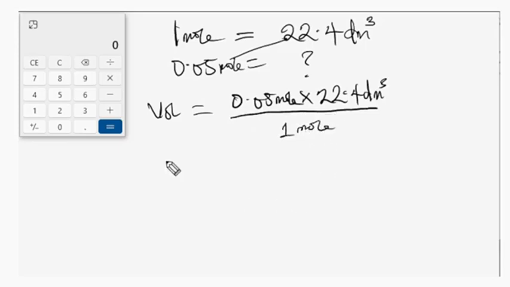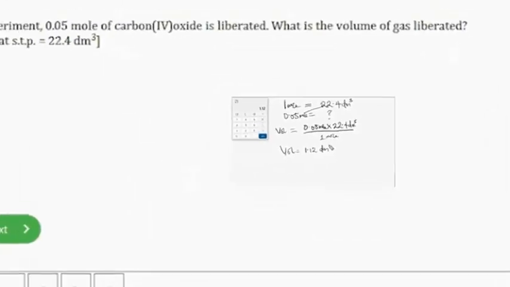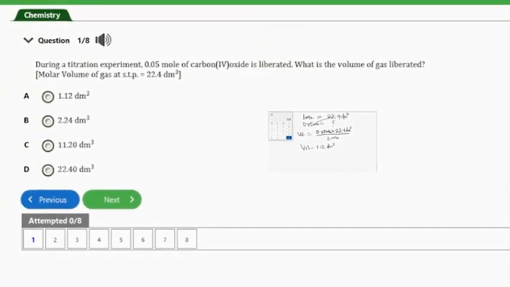So guys, we're going to point this on our calculator. So let's go ahead and have 0.05 mole times 22.4 dm cube, and that's 1.12. So the volume here is equal to 1.12 dm cube. So that's the answer to this question, guys, and that's option A here, guys.